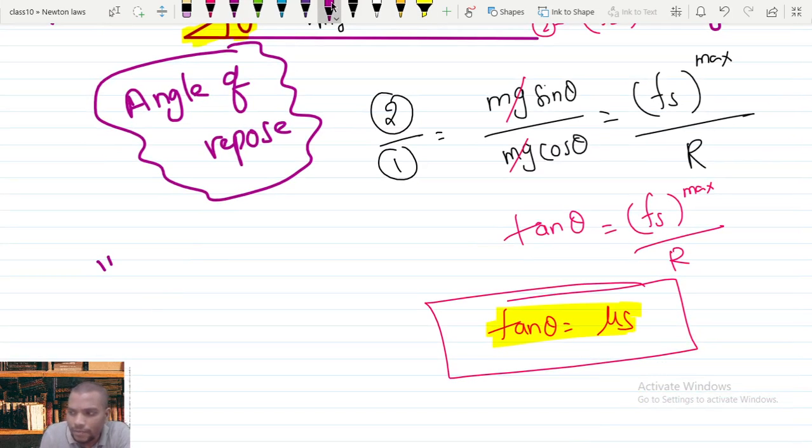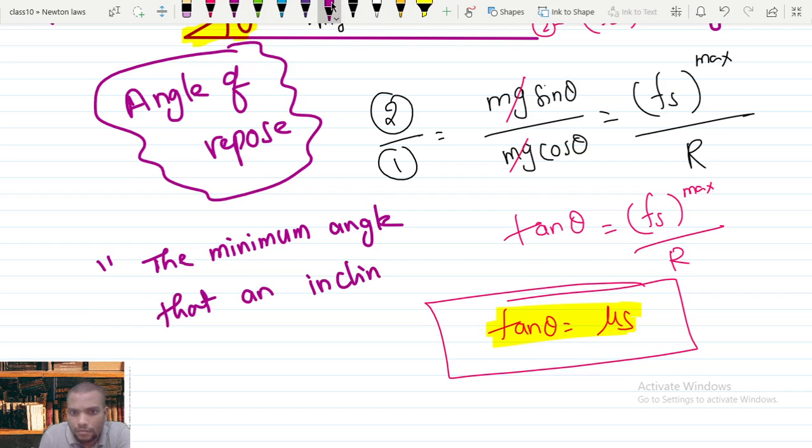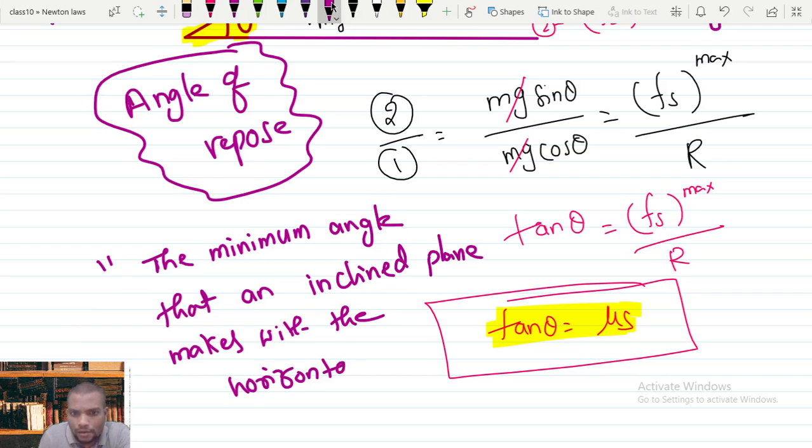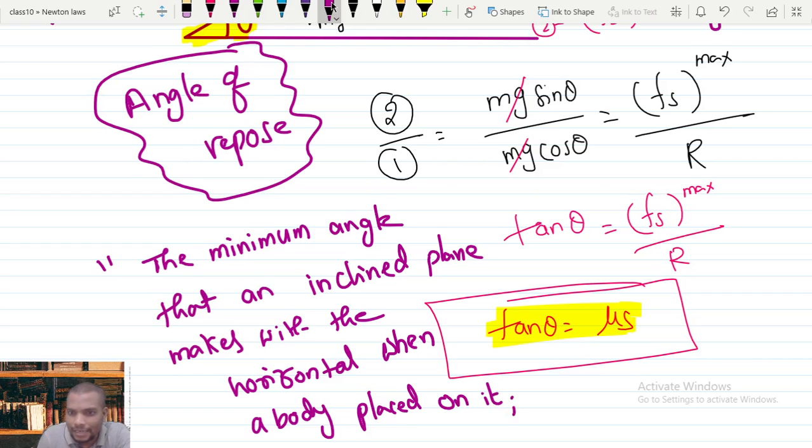The definition of angle of repose: it is the minimum angle that an inclined plane makes with the horizontal when a body placed on it just begins to slide down.